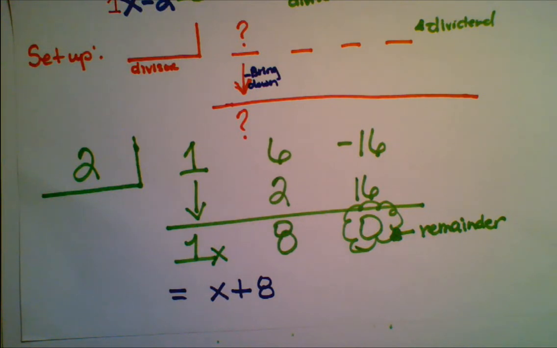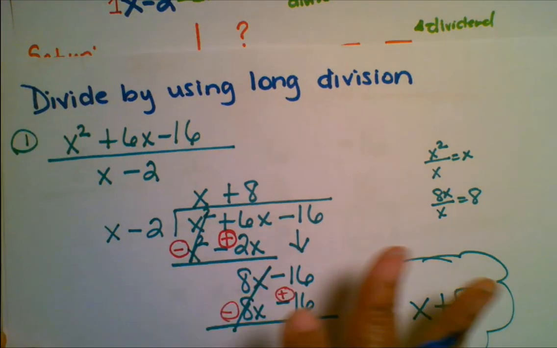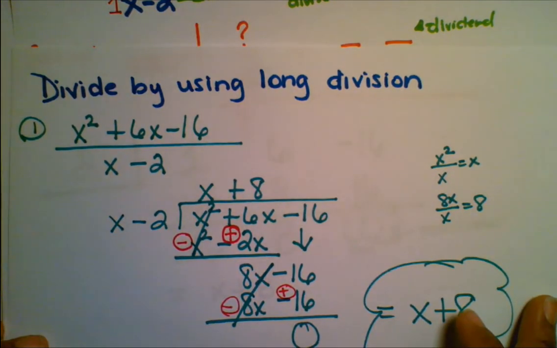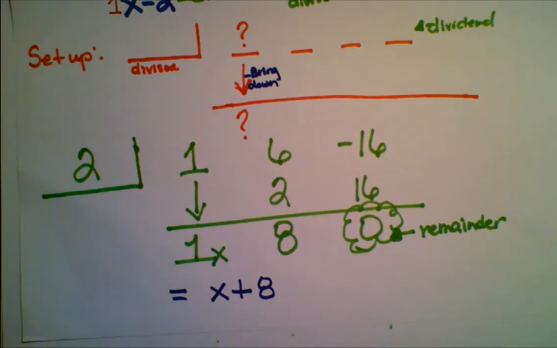But we definitely will do more. So this was long division, you see the process to this. This is synthetic division. Like I said, it should take you no more than 60 seconds, but that's with practice. You cannot do this without practicing. So let's do some more examples.